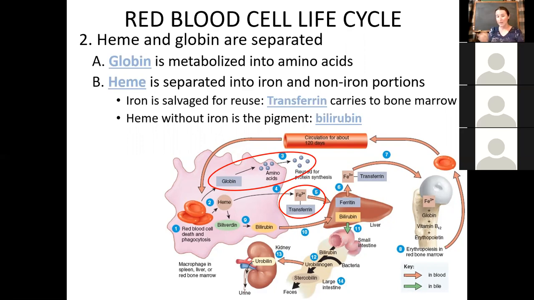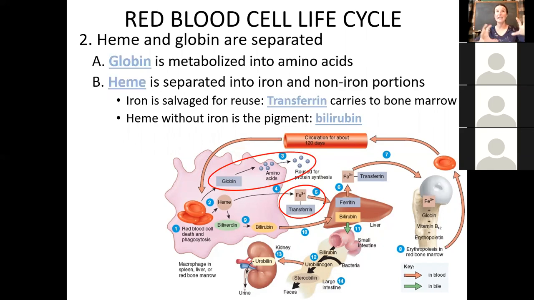Now, the iron, which of course is acquired through our diet, and it's not super abundant in our diet, we really need to reuse as much as possible. So we essentially tack iron onto our friend transferrin, which transfers the iron back to the bone marrow, where it can ultimately be used in new hemoglobin.